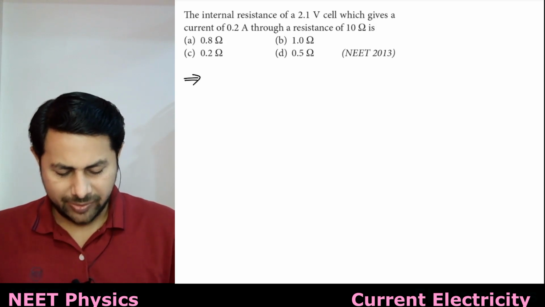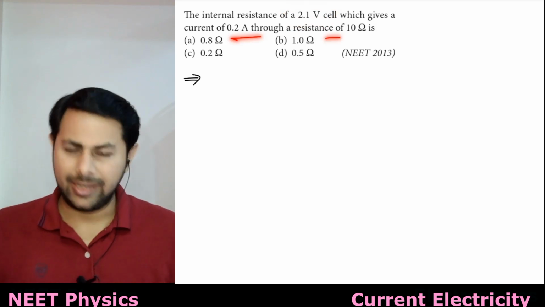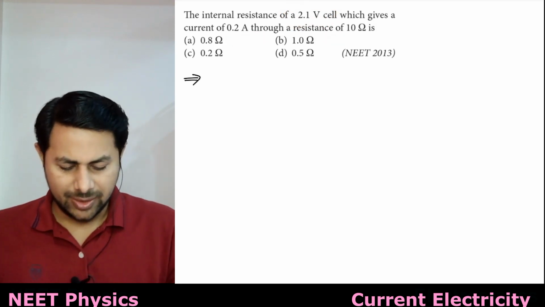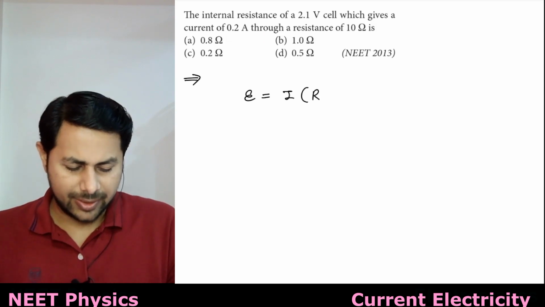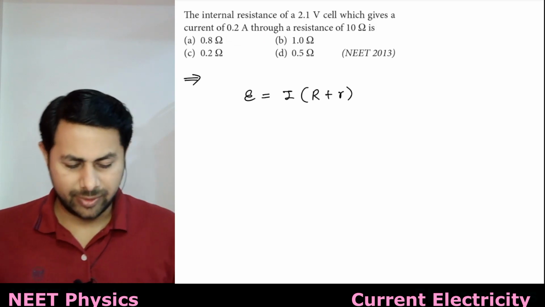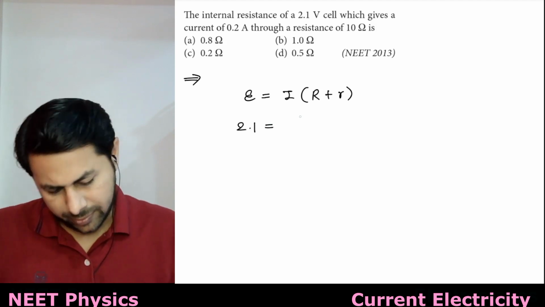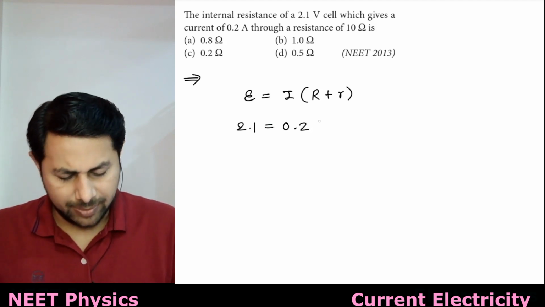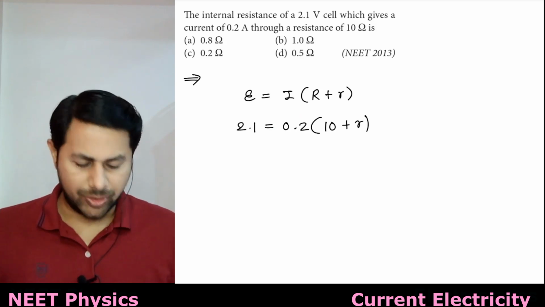EMF is given, current is given, and external resistance is given. So you have EMF is equal to I multiplied by capital R plus small r. So 2.1 is equal to 0.2 multiplied by capital R, which is 10, plus small r. We want to find it out.